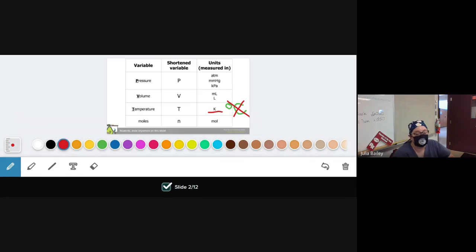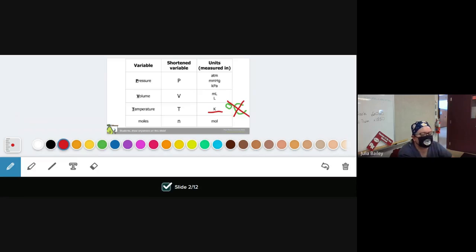Basically, what happens with Kelvin, and I'm going to put this in the chat, is they took the Celsius scale, where 0 is the freezing point of water, and bumped it back so that 0 is now 273 degrees lower, where the temperature that is absolute zero happens to be.